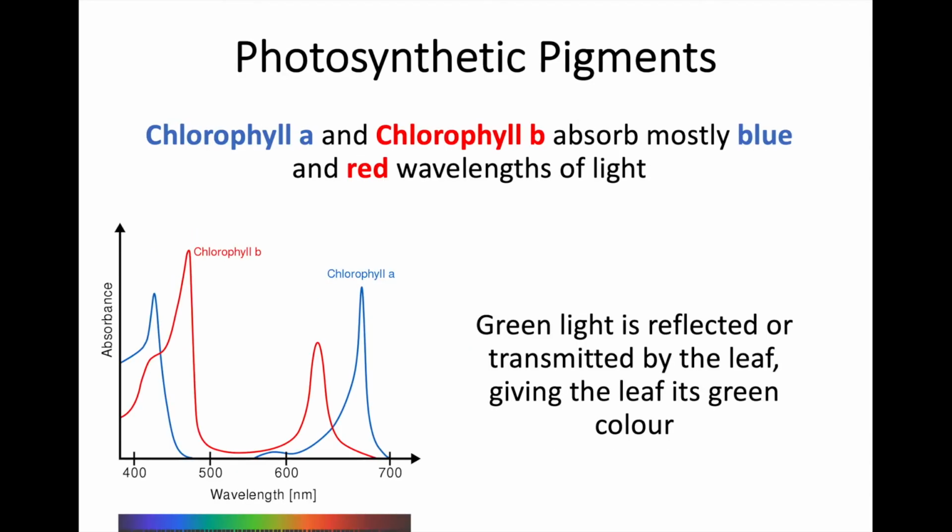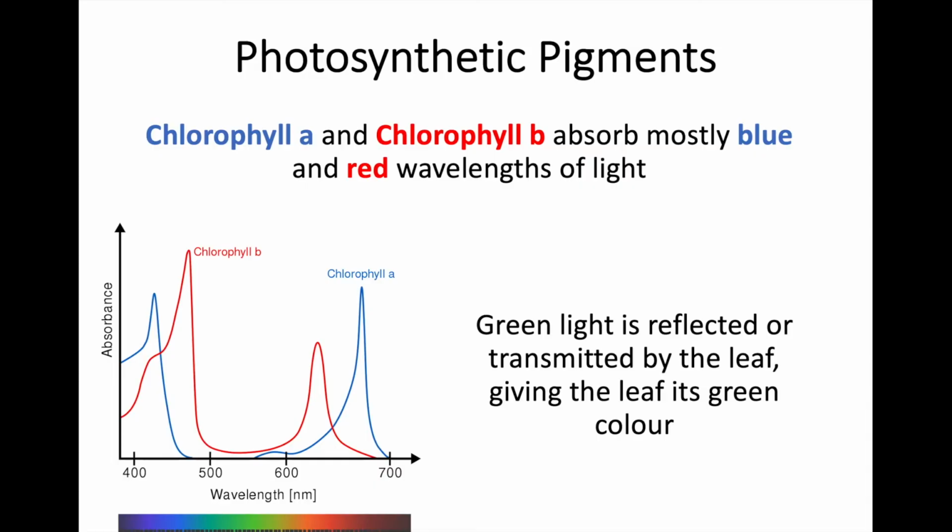So to put this into practice here, if we look at chlorophyll A and B, if we look at the light that they absorb, and on the scale of absorbance here, what we can see is the majority of the blue and the sort of indigos that we looked at on the left-hand side, that's taken in by chlorophyll A and B. Then there's a big gap where there's not much absorbance going on at all until you're hitting the sort of orangey and mostly the reds.